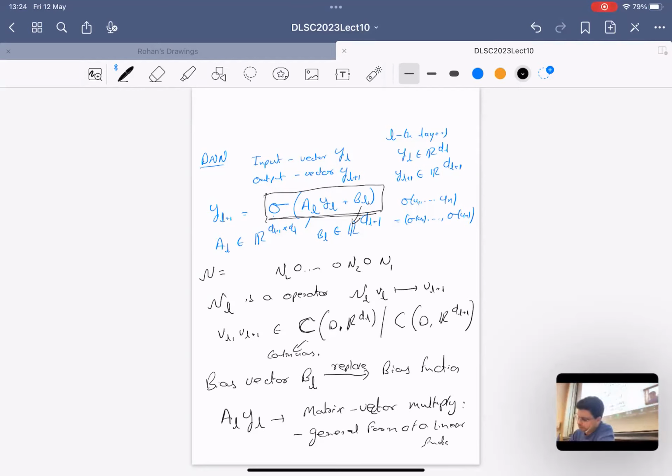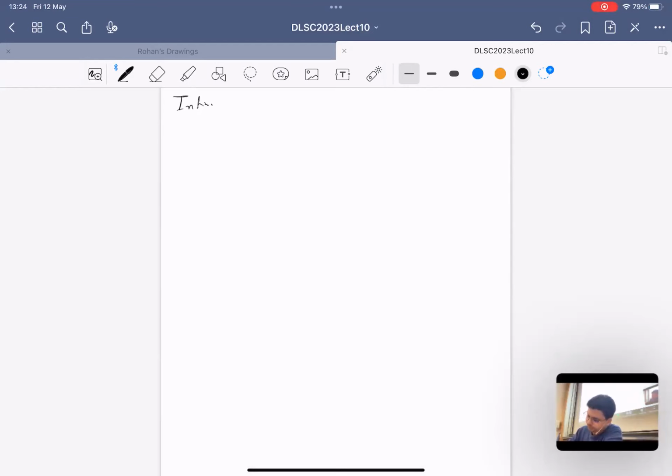So now we have to find an infinite dimensional analog of this construction, an infinite dimensional form of matrix vector multiply.